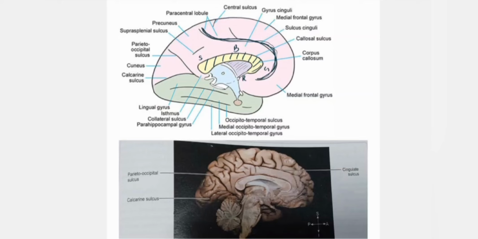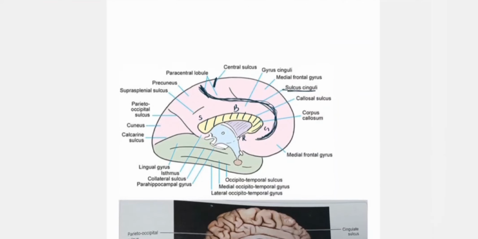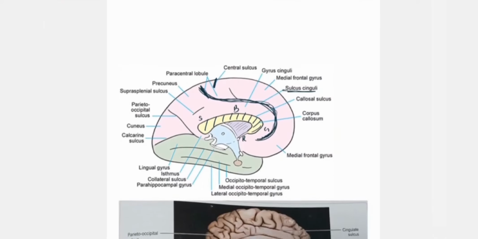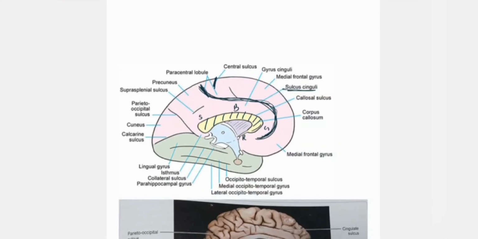And this cingulate sulcus begins near the genu of the corpus callosum and extends backward and upward. We can see a portion of the central sulcus in the medial aspect also. That is, this central sulcus extends backward and its projection can be seen in the medial aspect. And it forms a U-shaped area.